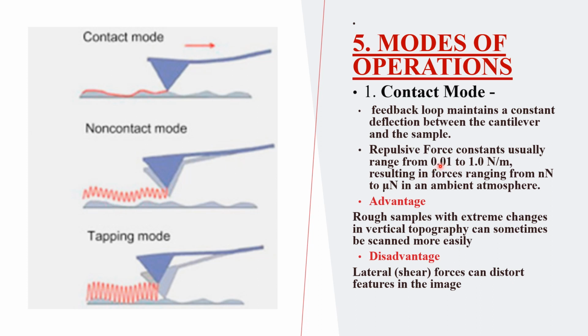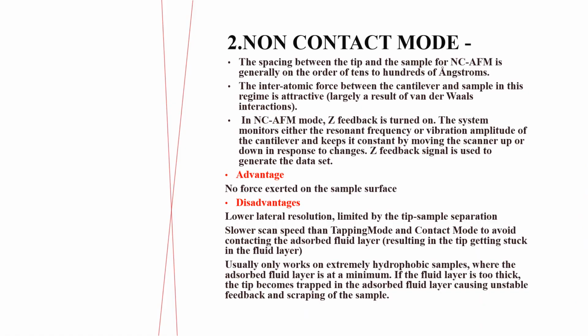The repulsive force constant K ranges from 0.01 to 1 nanometer, resulting in forces in the nanonewton range, in ambient atmosphere, any kind of atmosphere. The advantage is that rough samples with extreme changes in vertical topography can sometimes be scanned very easily, and the disadvantage is that lateral forces can disrupt the features of the image.